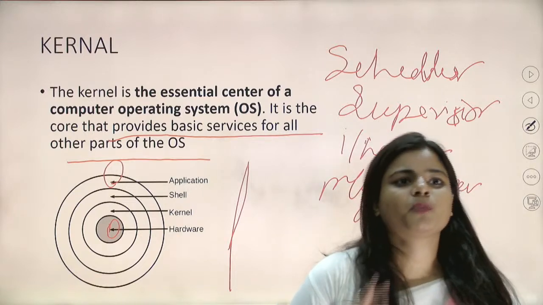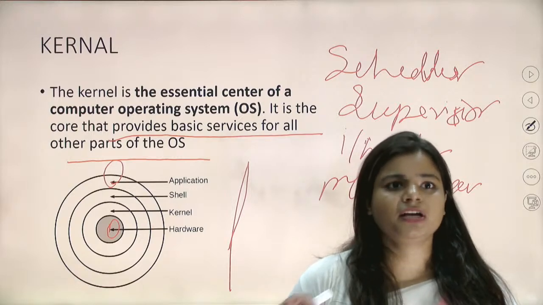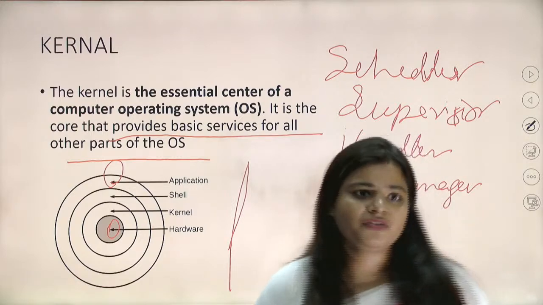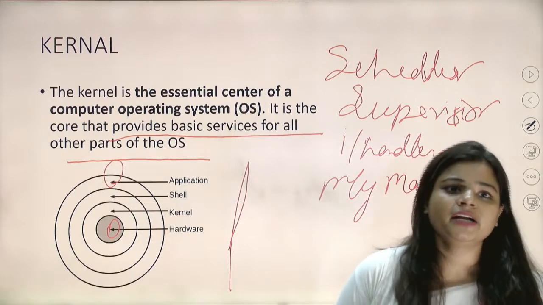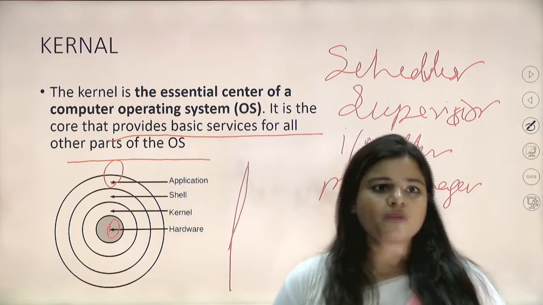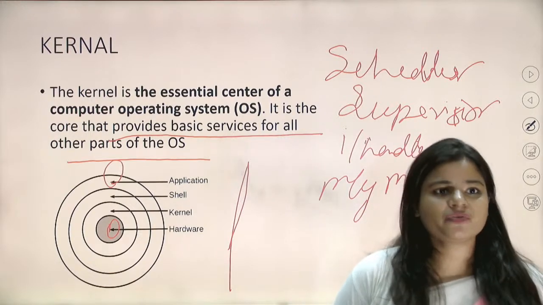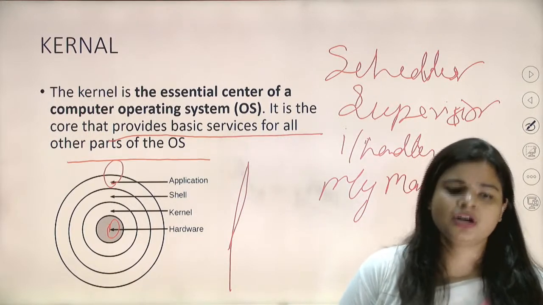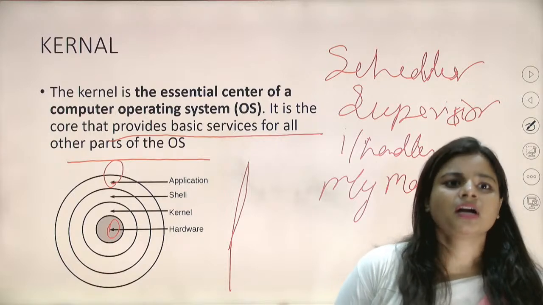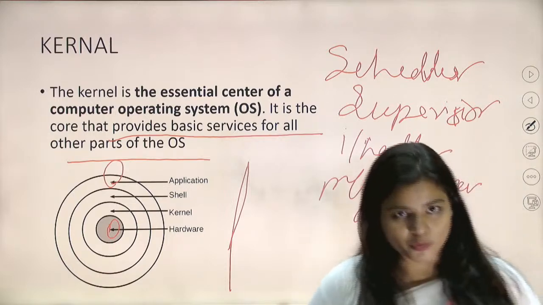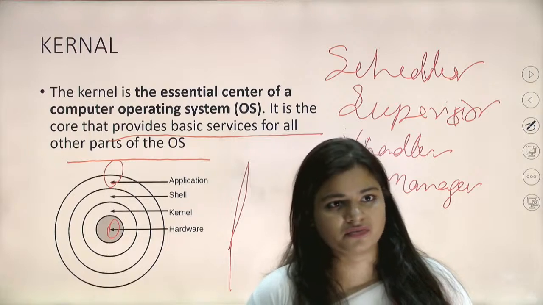The kernel will supervise how they are working in a proper manner. The interrupt handler handles all requests from the various hardware devices which compete for kernel service. The last one is the memory manager. What is the memory manager? The kernel allocates space in memory for all the users of kernel services.